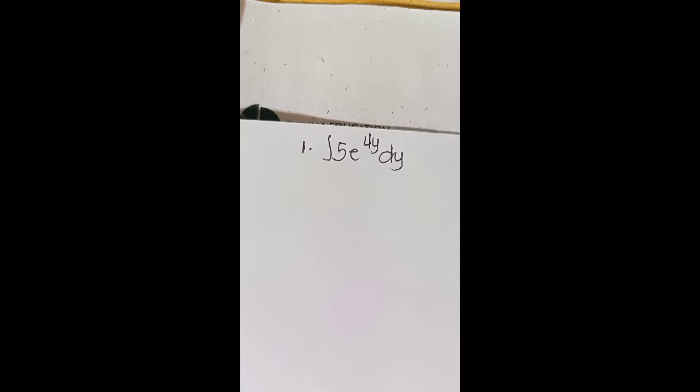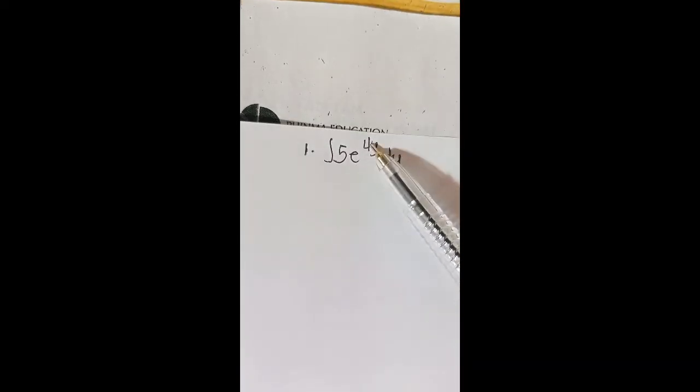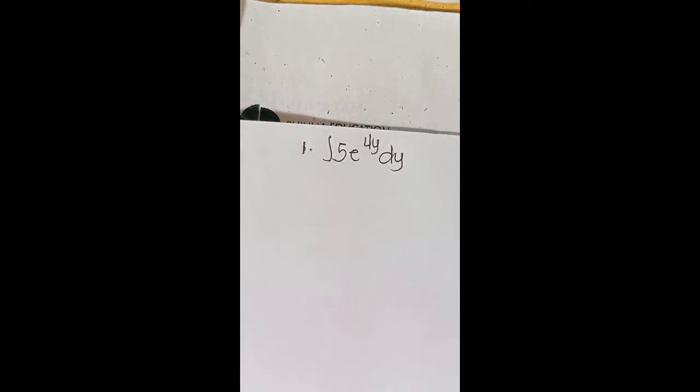So let's solve this problem: the integral of 5e raised to 4y dy. In this case, we know that the rule applicable to this type of function is the exponential function, since we have e, which represents exponential, and the raised u and du.